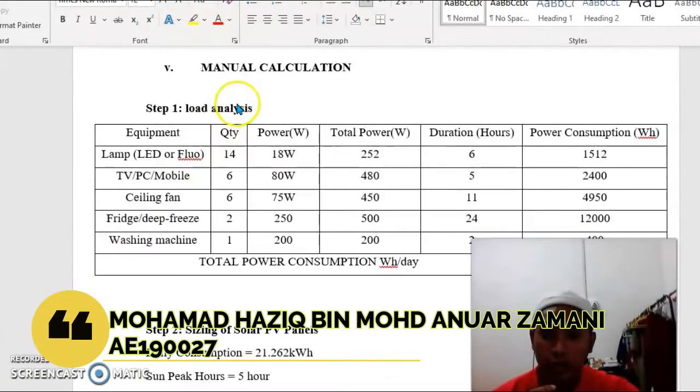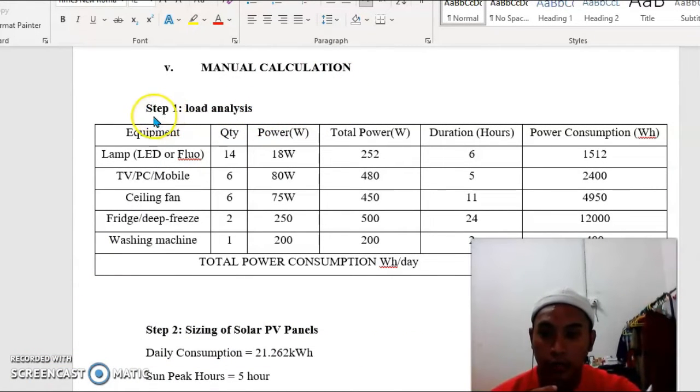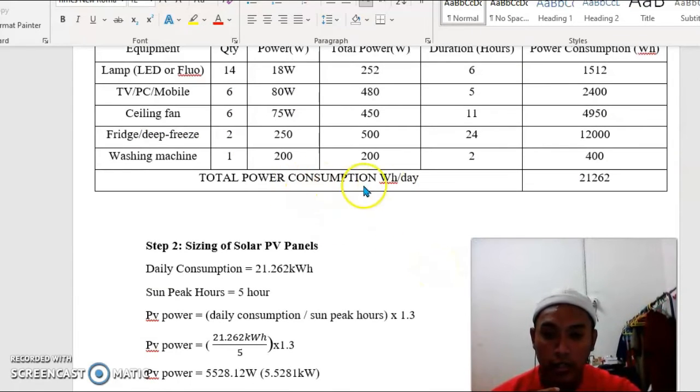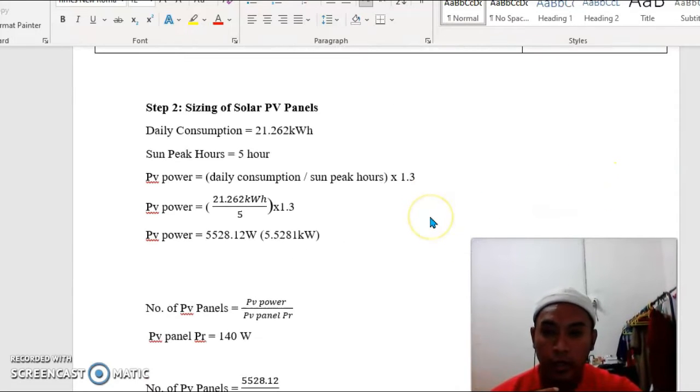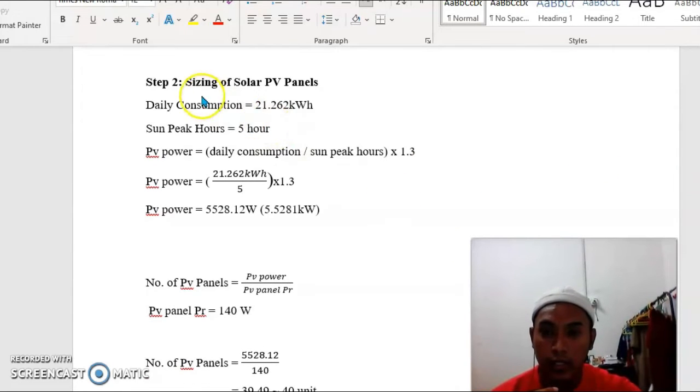So I will present the manual calculation. For the manual calculation, we have 5 steps. For step 1, we do the load analysis. This table is the load analysis and the total power consumption is 21262 watt per day. Step 2 is sizing of solar PV panel. We need to calculate PV power, which is daily consumption over sun peak hour multiplied by 1.3.